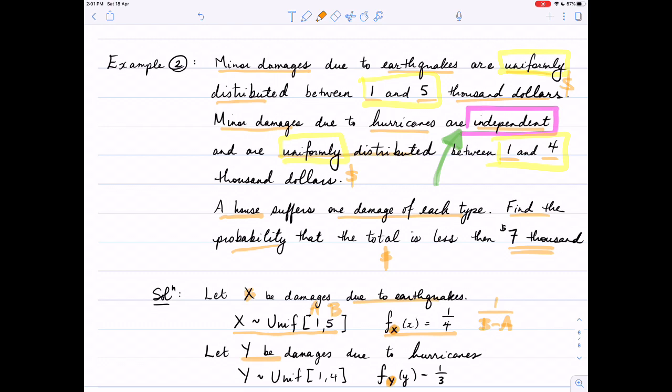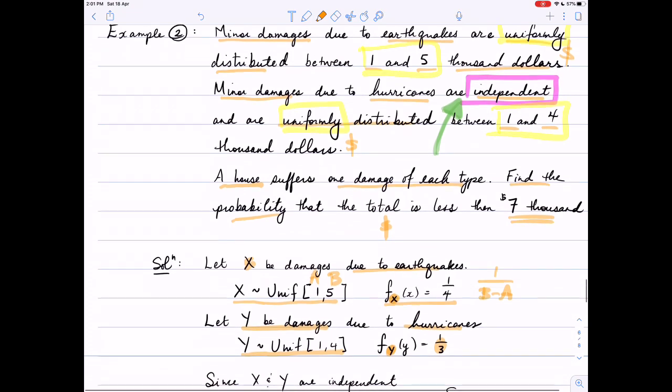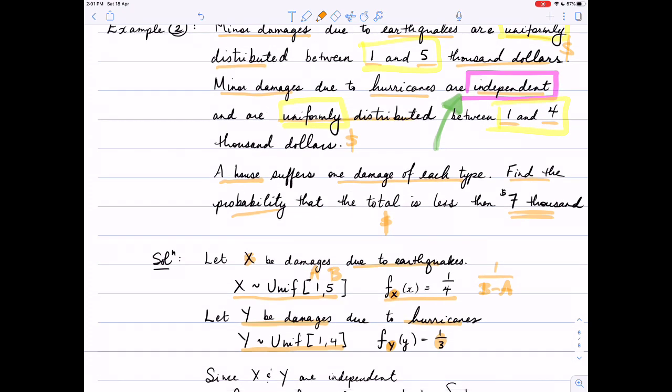So let's let y be the damages due to the hurricane. So that's the other kind of damages above; we were told that y is uniform on 1 to 4. So the density function of y is 1/3. Since x and y are independent, that's what we were told up here, they are independent.